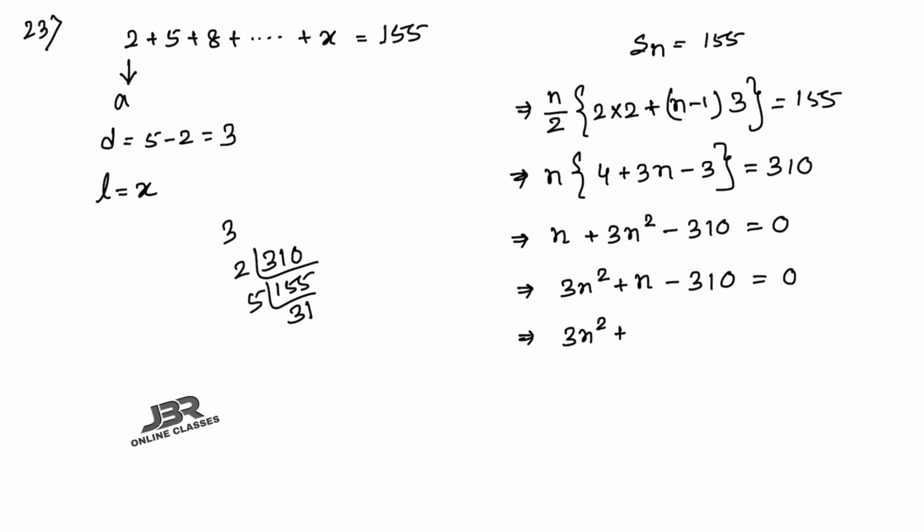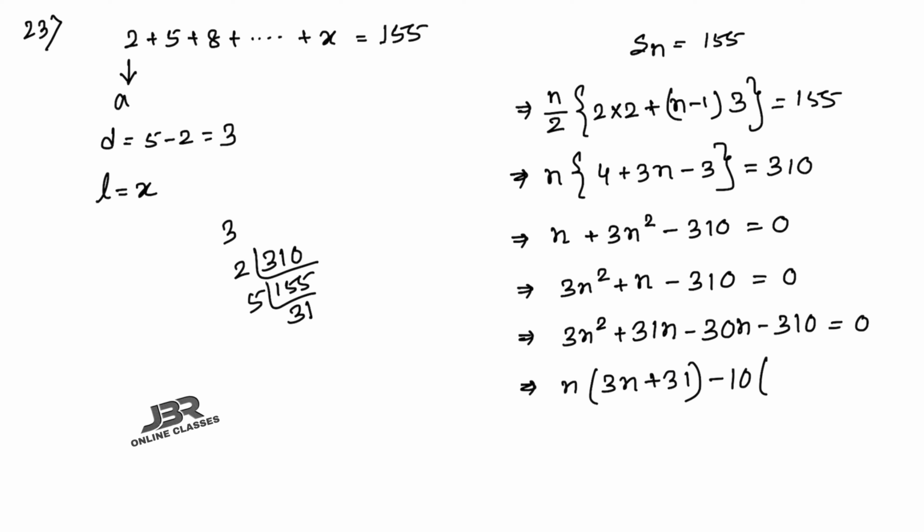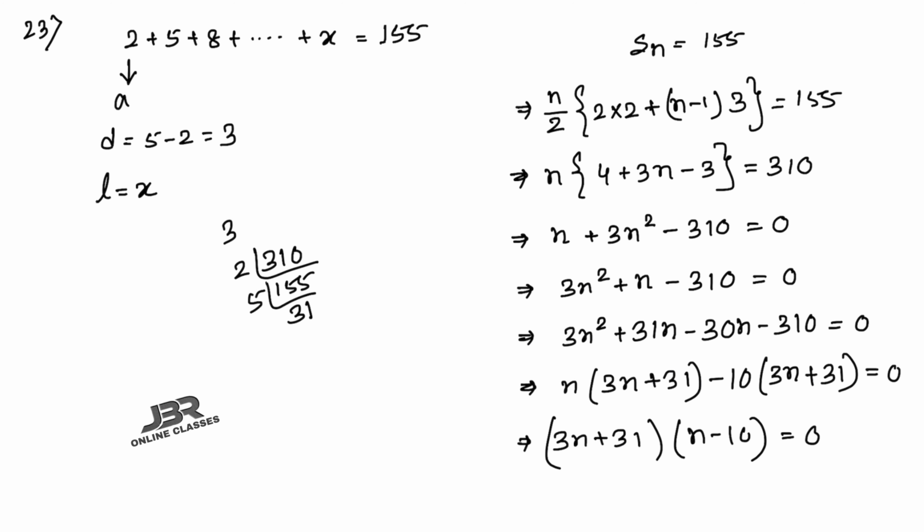So 3n squared plus 31n minus 30n minus 310 equals 0. Taking n common, it's 3n plus 31, and taking 10 common, minus 10 times (3n plus 31) equals 0. So (3n plus 31)(n minus 10) equals 0. So definitely n equals 10.